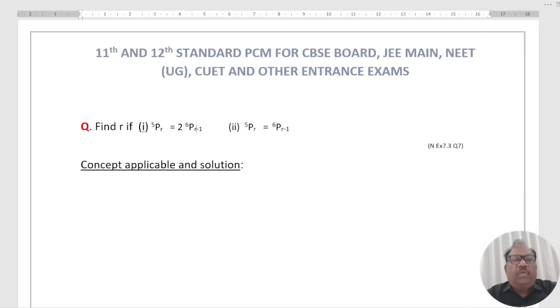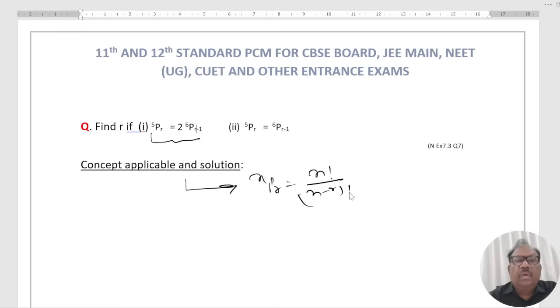Question is, find the value of r if 5Pr equals twice 6P(r−1). Concept applicable in solution: nPr equals factorial n upon factorial (n minus r).